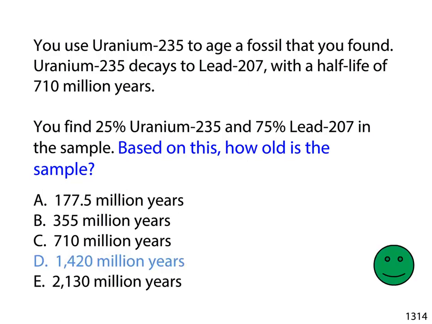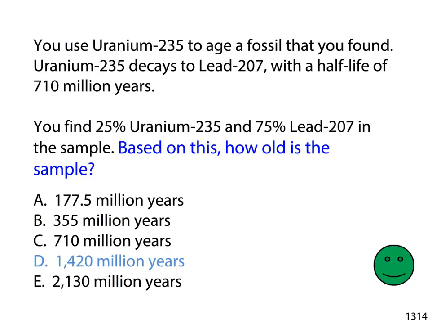Now going through everything, the answer should be D. The reason is you have 25% uranium and 75% lead-207. You know that uranium-235 decays into lead-207. In order for you to get half and half, that's 710 million years. But then you have half of the half, which means 25% and 75%, which gives you another 710 million years, which is equal to 1,420 million years.